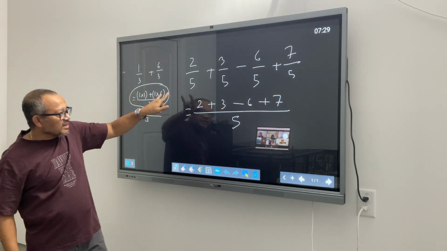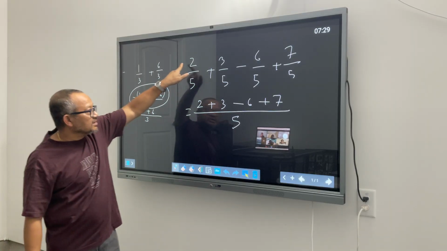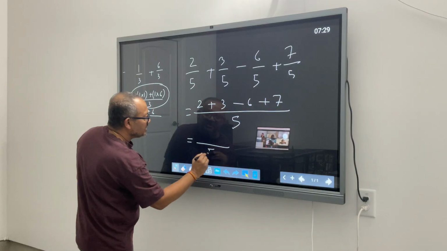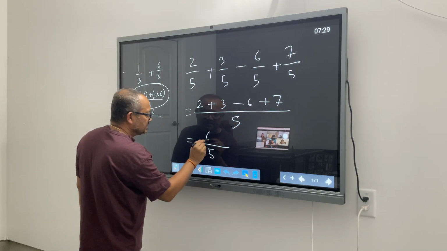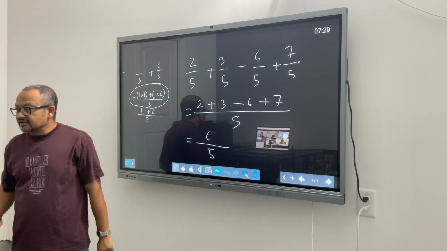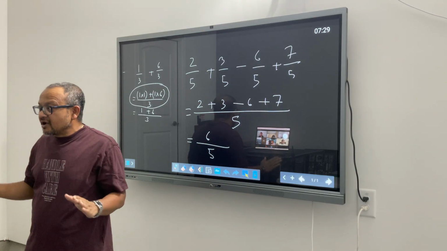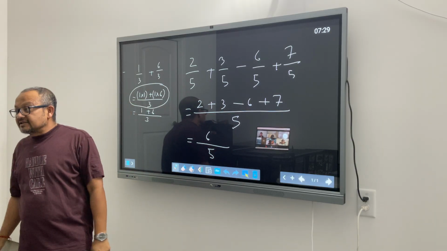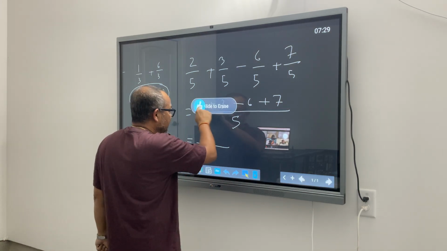Without doing LCM, because my denominators are same, my calculation would be 2 plus 3 is 5, plus 7 is 12, minus 6 by 5. That is the answer. So if my denominators are same, my calculation is faster. And this concept I am calling a dirty technique.